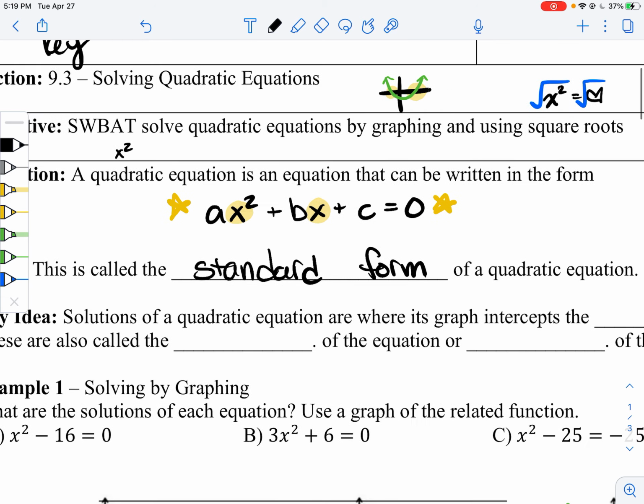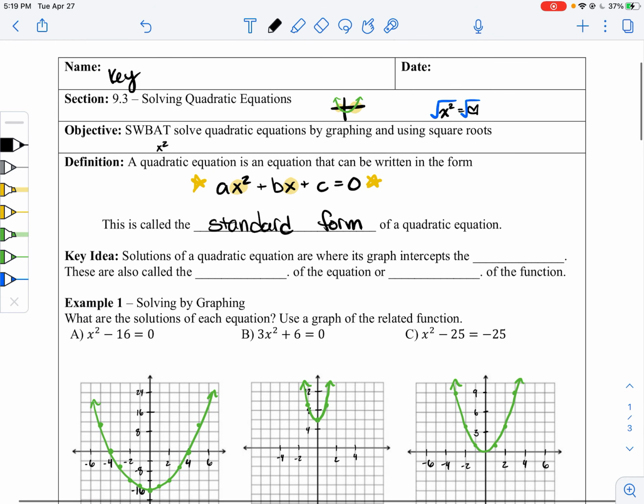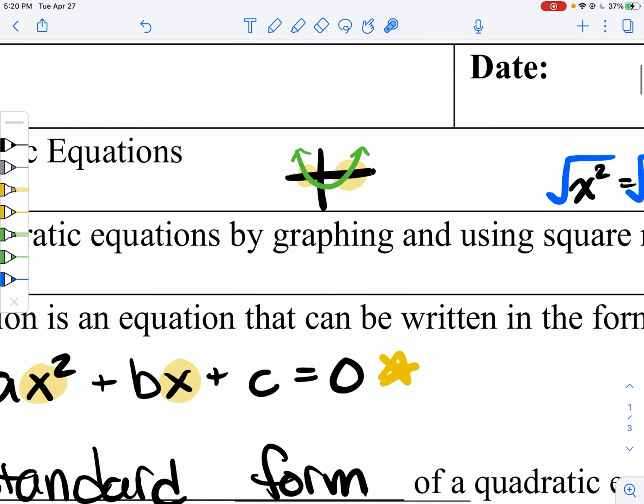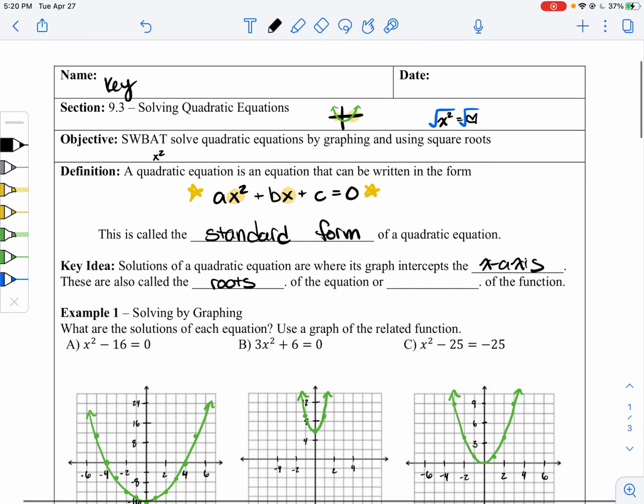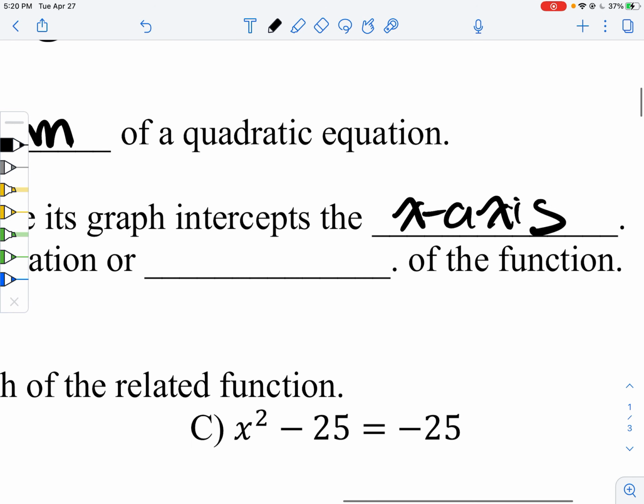Now, the solutions of a quadratic equation are where y equals 0, where the graph intersects the x-axis, like where it intersects the ground. We call them the roots of the equation. We also call them the zeros of the function.